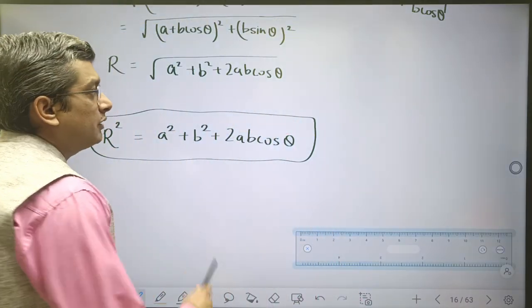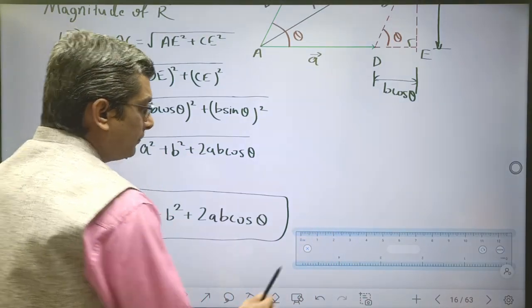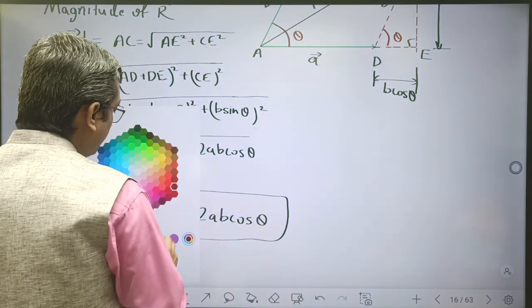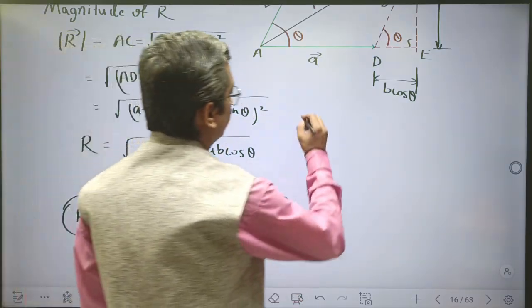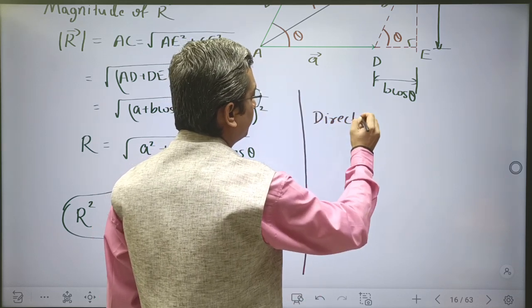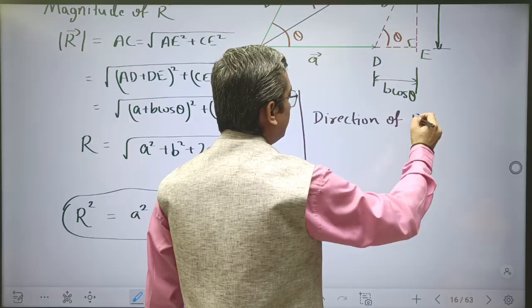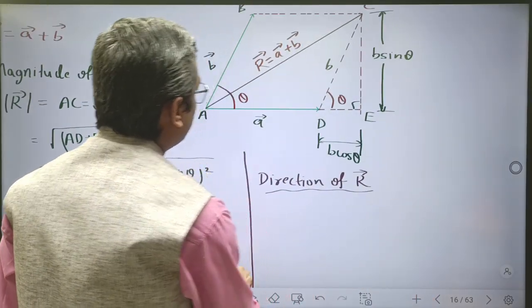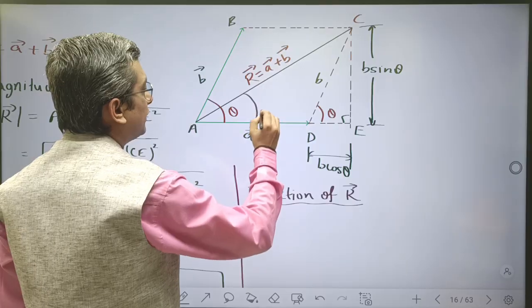Now we have found out the magnitude of the resultant vector. Now we will find the direction, isn't it? That is a very important part. So in the second part we are going to find the direction of the resultant. So we have to take some angle here. Suppose I take this as angle alpha.